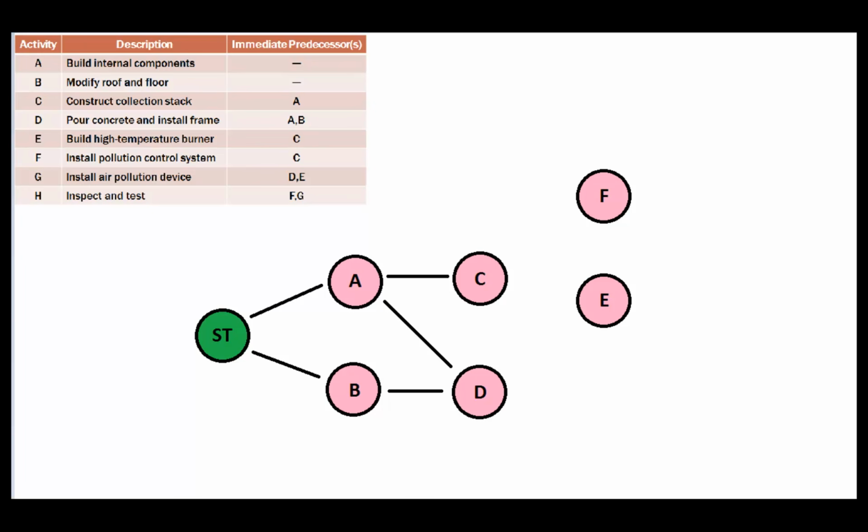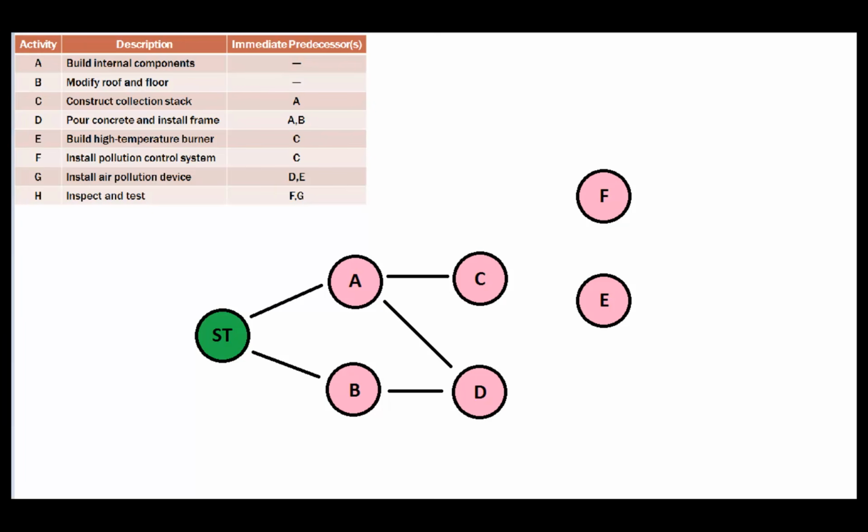Now the question is, why did I put F above the E? And that's because if I look at E and F in our table, and then I look down at G and H, F has no connection really to anything else except to H at the end. So I'm going to go ahead and put it above because we will be ending on H, and actually that will make more sense when we're done.